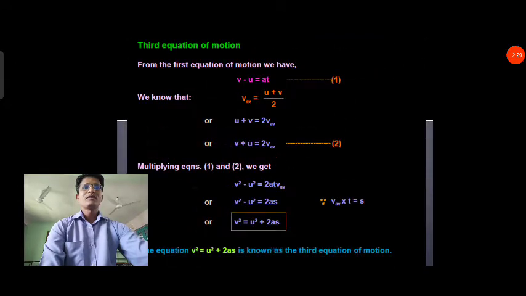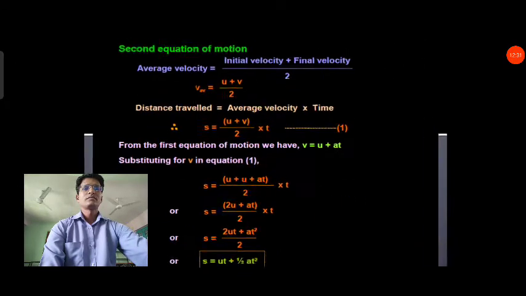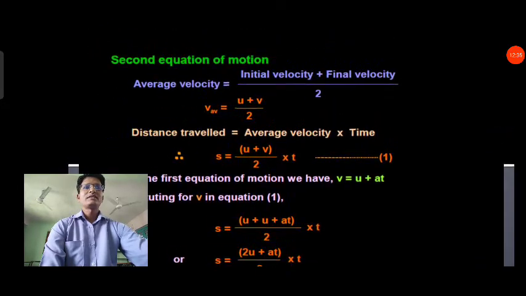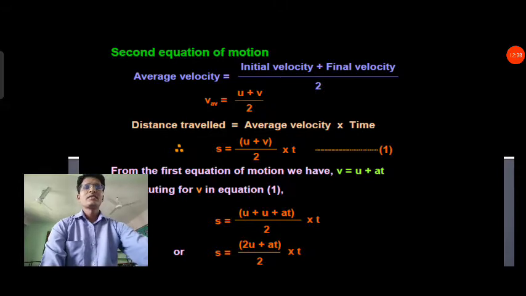Now we'll come to the second equation. In that we have the average velocity. Average velocity is initial velocity plus final velocity divided by 2. This is the equation, so nobody can do anything.